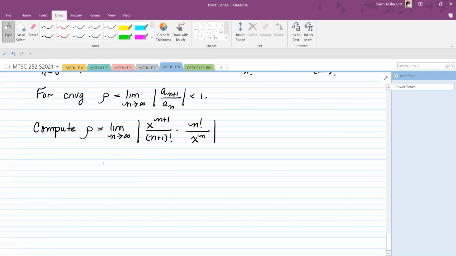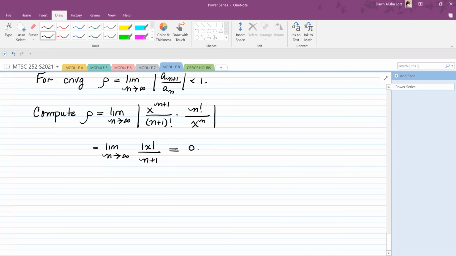So that's the limit as n approaches infinity. Well, x to the n plus 1 over x to the n is just x, but it's still an absolute value. And n factorial over n plus 1 factorial, well, that's positive. Well, that limit, no matter what x is, that limit is 0, which is always less than 1. So that implies the radius of convergence is infinity.